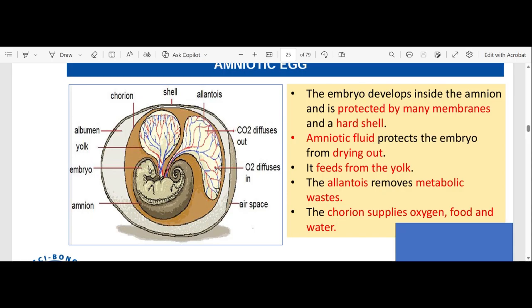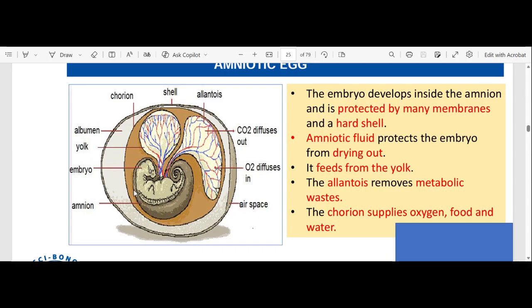Before we explain this point, let's start explaining the membranes that are surrounding the embryo. The first membrane surrounding the embryo is the amnion. What's the function of the amnion? The amnion encloses the amniotic fluid, and it's also responsible for secreting the amniotic fluid.